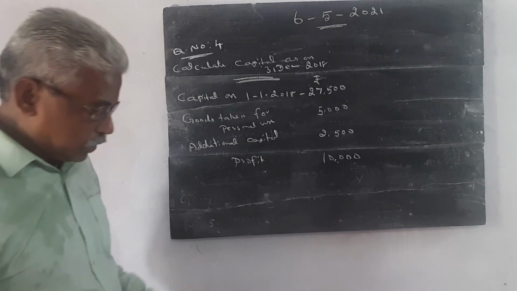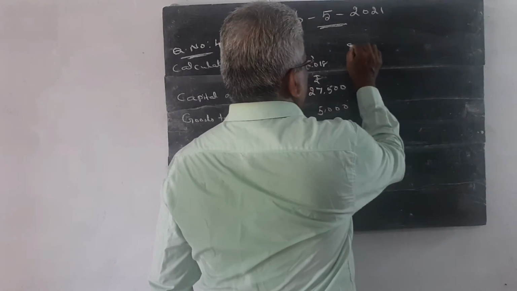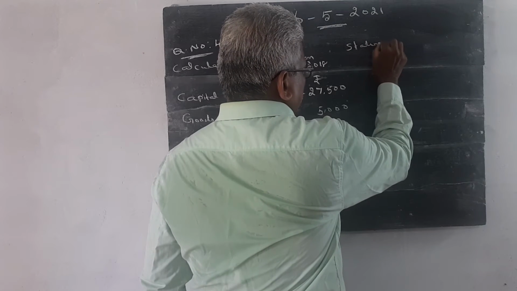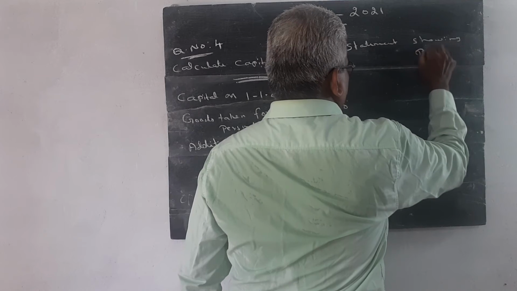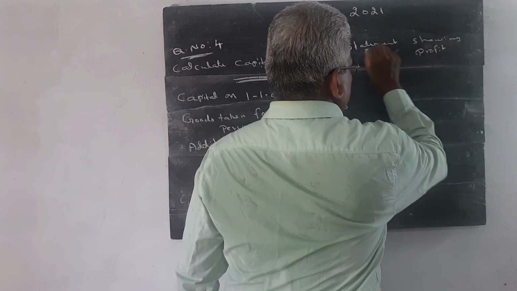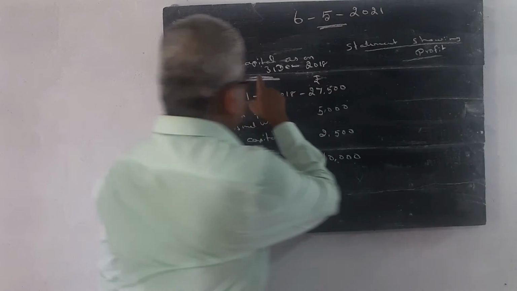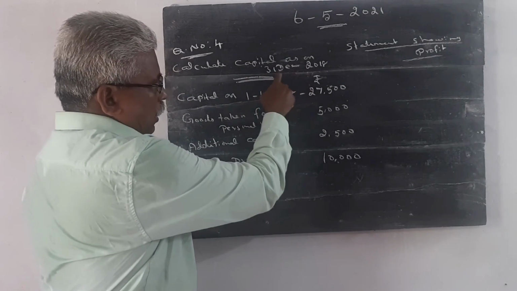How do you solve this question? The procedure is the statement showing profit. We have to calculate capital as on 31st December, that is, closing capital.